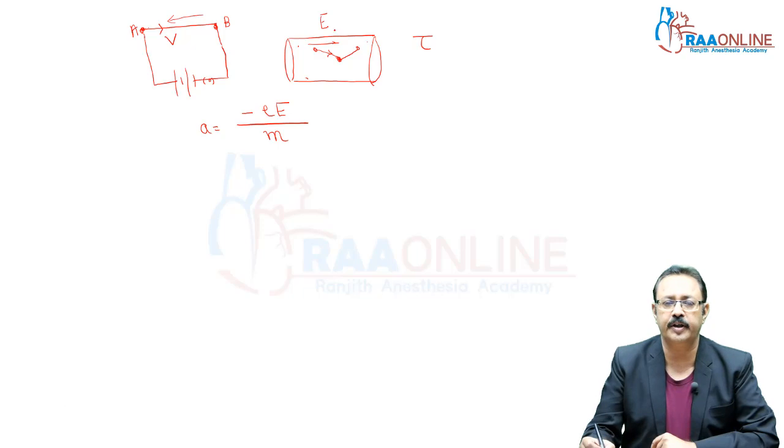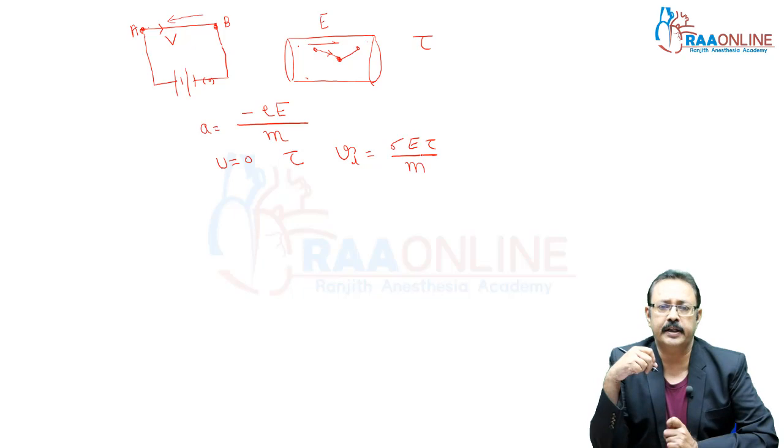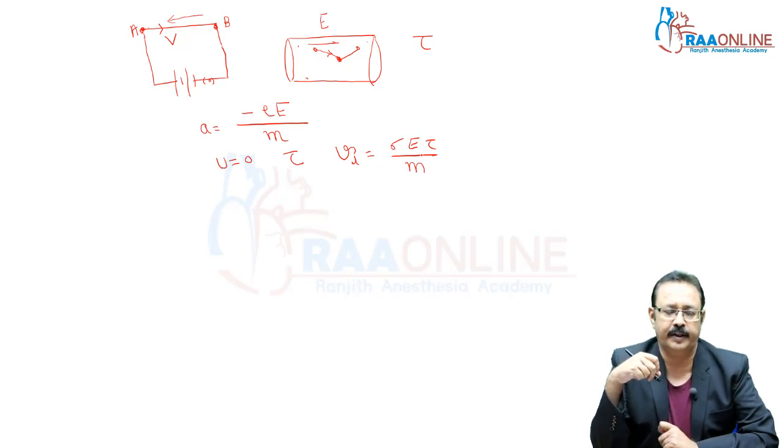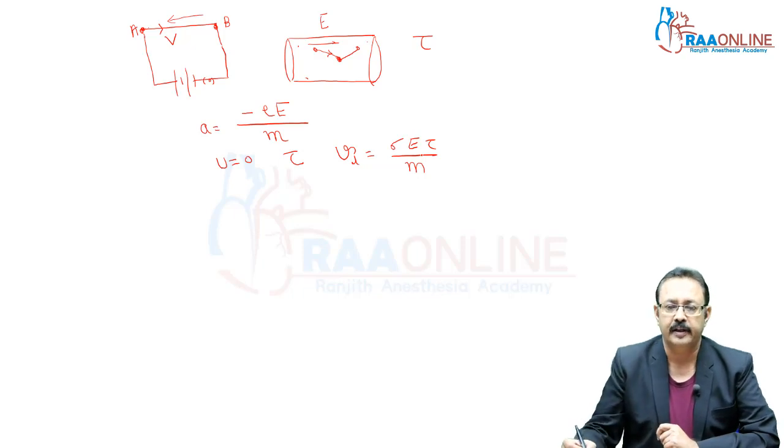If after one collision its initial speed is 0, again it will get that speed in this time. So from Galileo's equation, Vd equals u plus at, meaning Vd is minus eE tau divided by m. This velocity is known as drift velocity. It is in the opposite direction of the electric field.